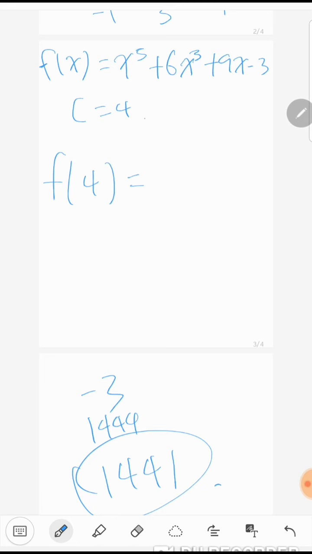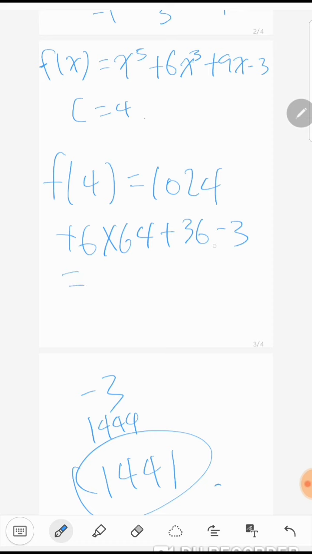So 4 to the 5th power is 1024, plus 6 times 4 to the 3rd power, times 64, plus 9 times 4 equals 36, minus 3. 6 times 64 is 384, and then we add it up. So we get 1441.